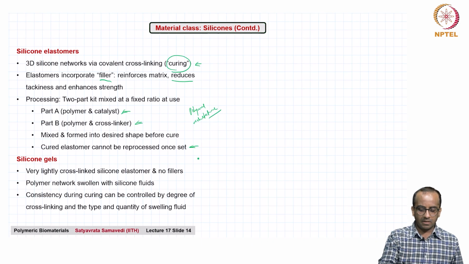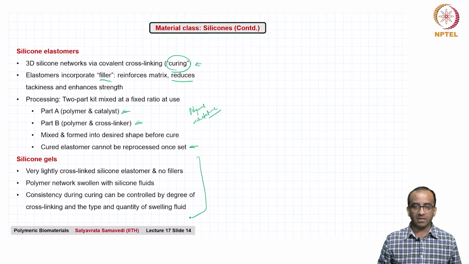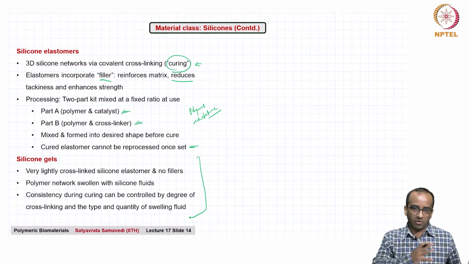The other type of material you can have in silicones is gels. These are fairly lightly cross-linked networks, and one can think of them as between the fluids and the elastomers. If you think of it in terms of mechanical properties, you have fluids on one side, silicone oil for example, and you have silicone elastomers on the other side.